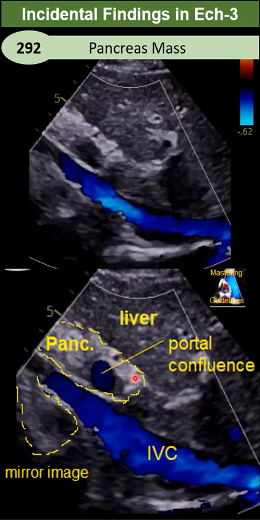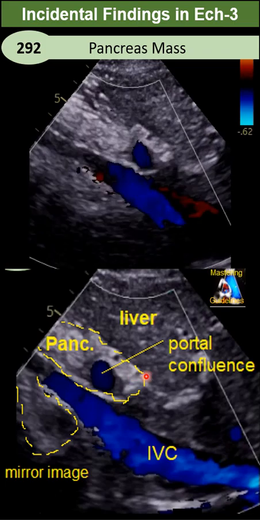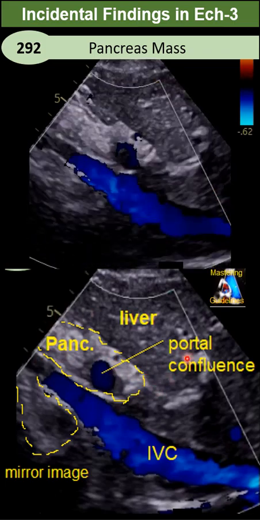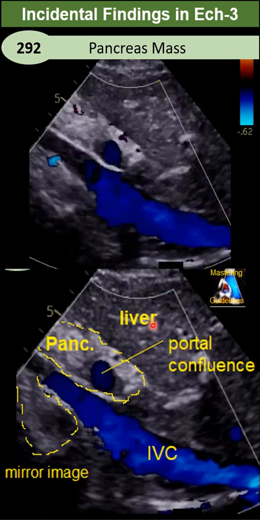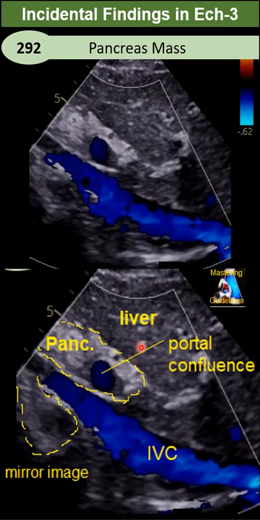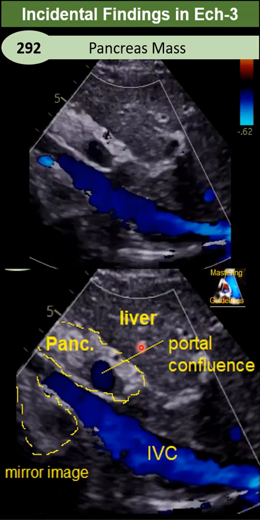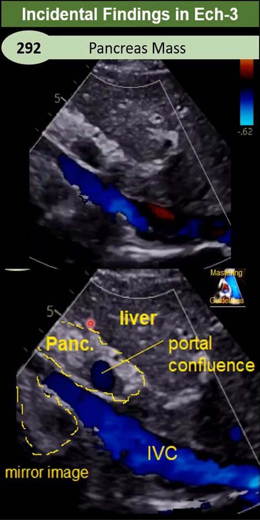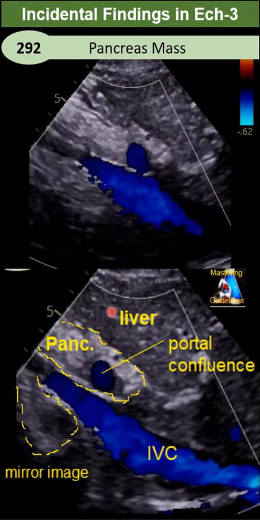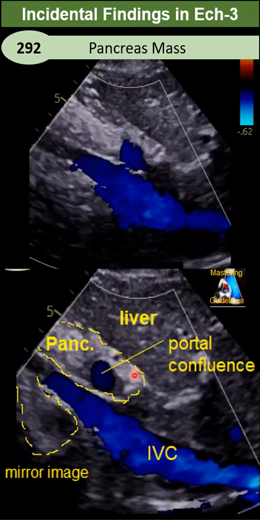Then anterior to the IVC, we have pancreas. The echogenicity of pancreas, depending on the age and other parameters, including weight, overweight or alcoholic or not, is different. But generally, for kids, neonates, and small infants, it is more hypoechoic.